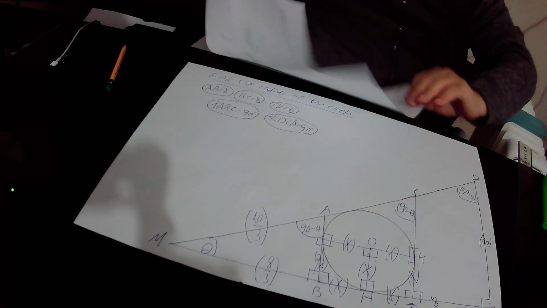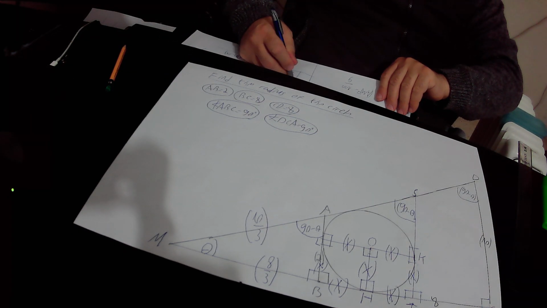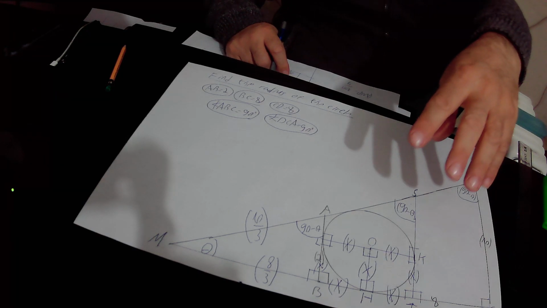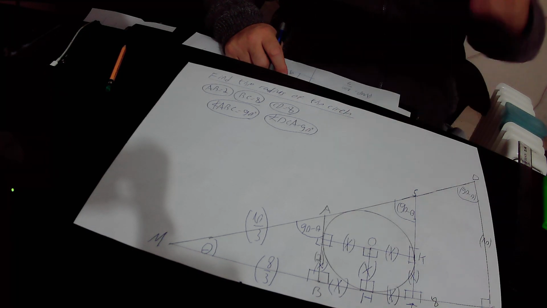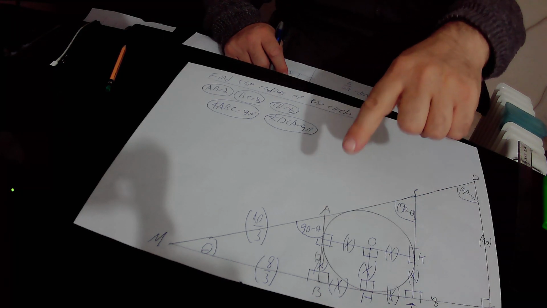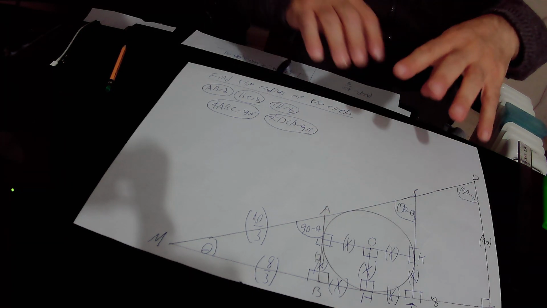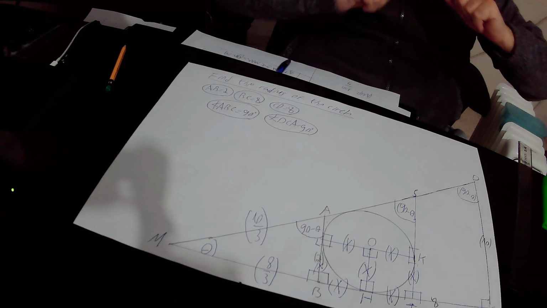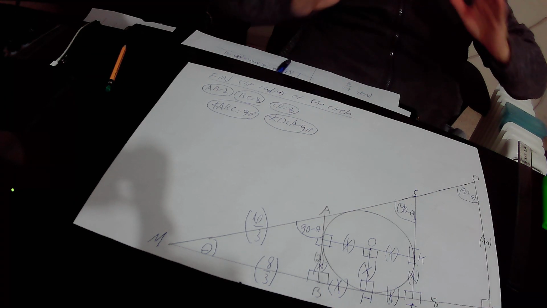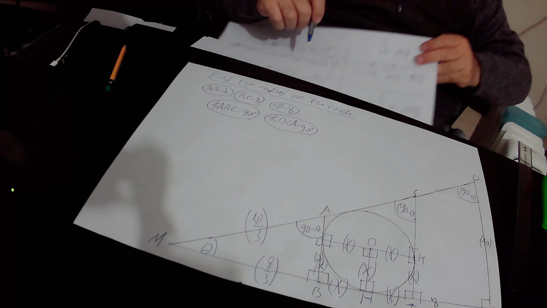So we have proved that all three angles of the big right triangle STM are correspondingly equal to all three angles of the small right triangle MBA. Therefore, those two right triangles are similar to each other according to the angle similarity rule. So I write it down.